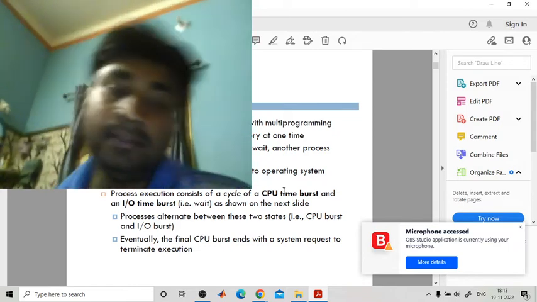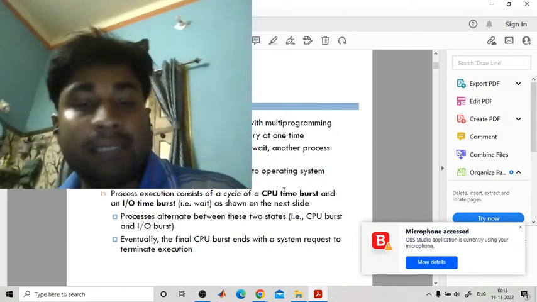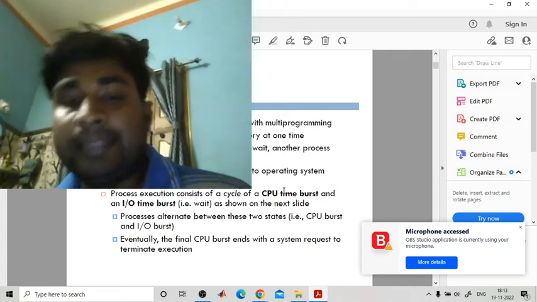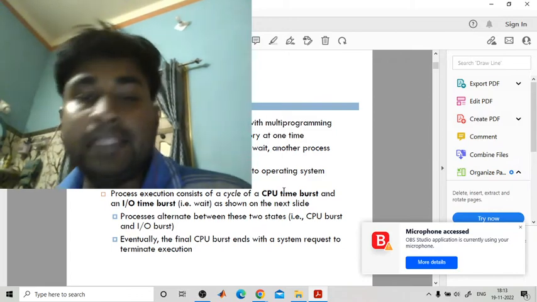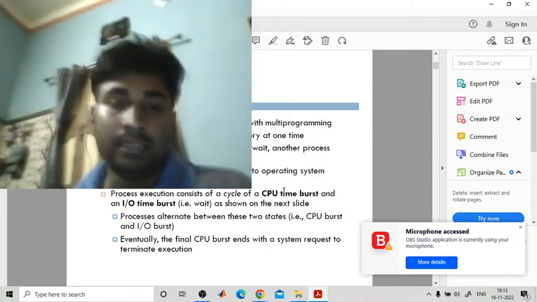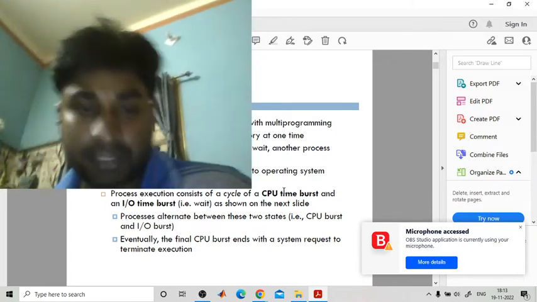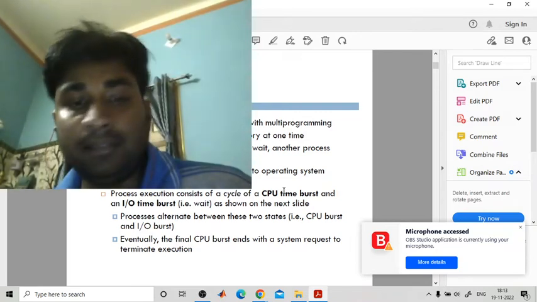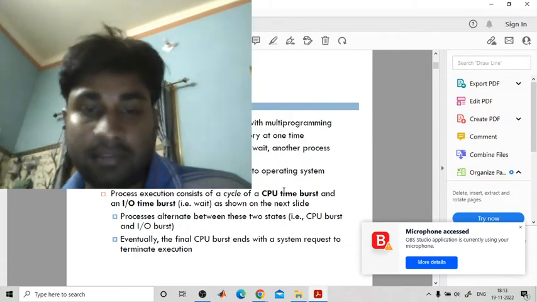And finally, the terminated state. Terminated means that the process has finished its entire CPU burst time and is going to end, that is, the process is terminated. That is the last state.